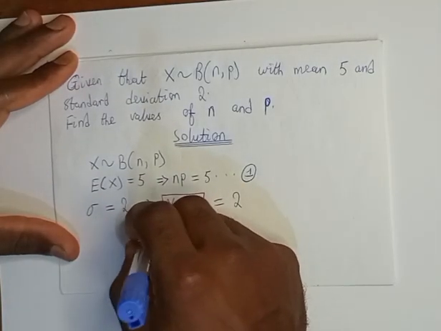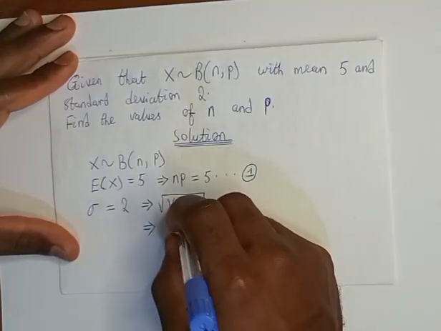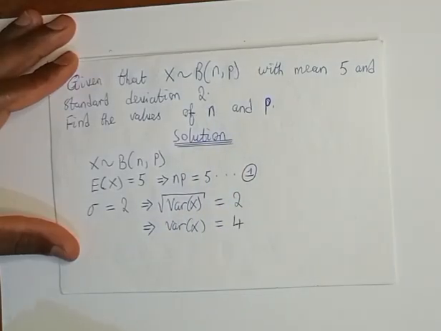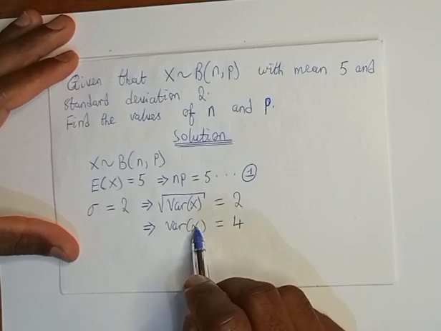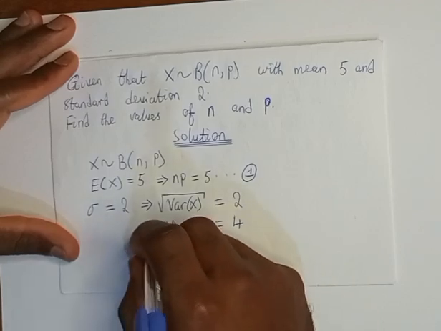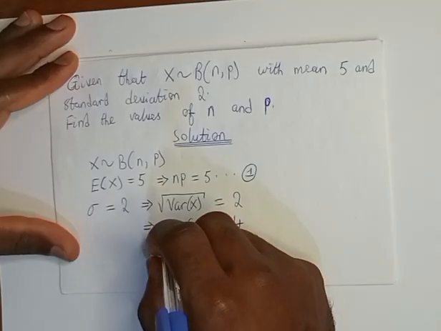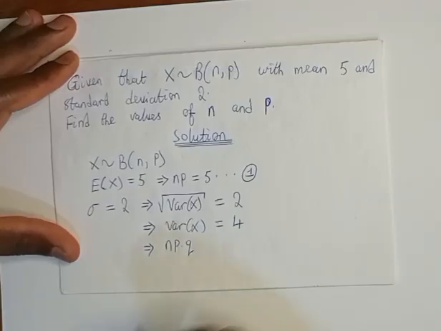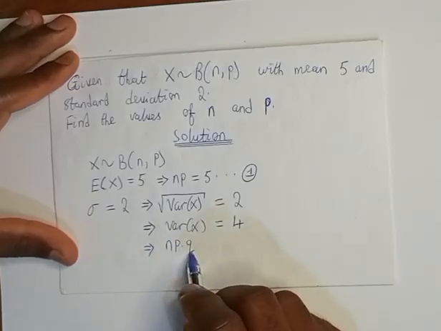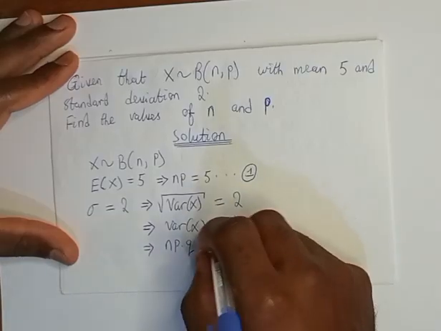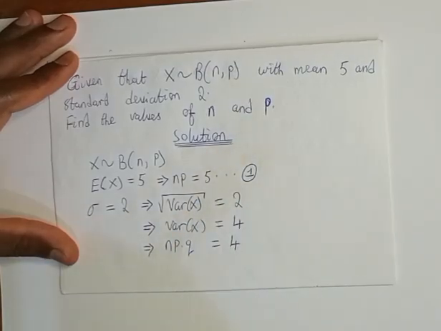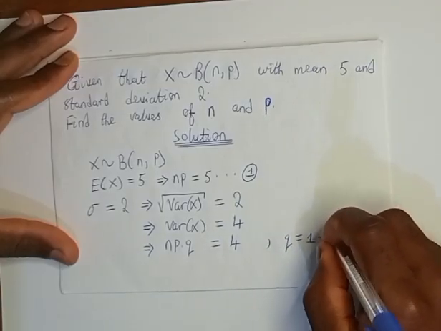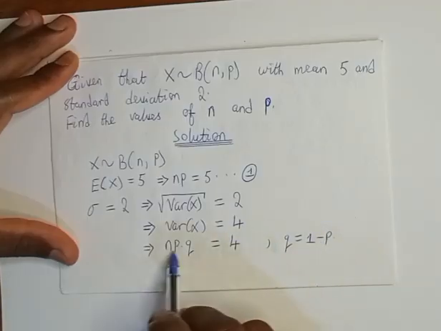Squaring both sides gives the variance of X equal to 2 squared, which is 4. The variance of the binomial distribution is given by n times p times q, where q stands for the probability of failure. This is equal to 4. We know q is simply equal to 1 minus p, so we insert it here.